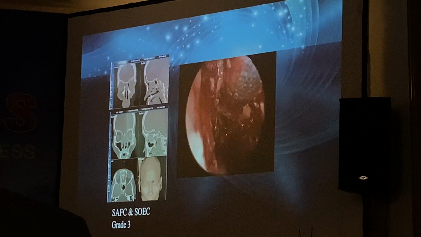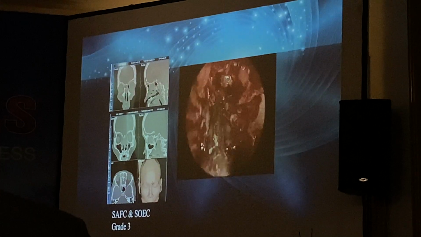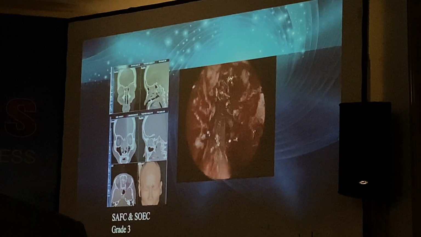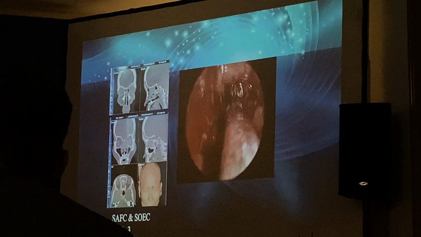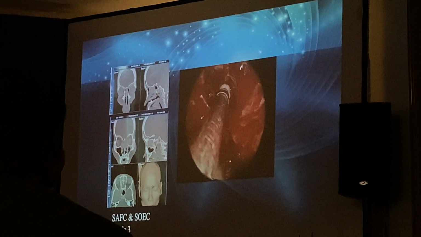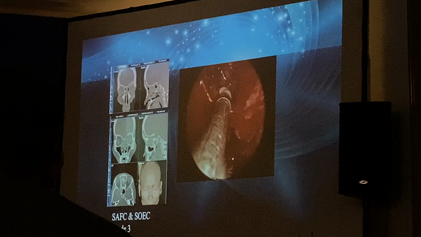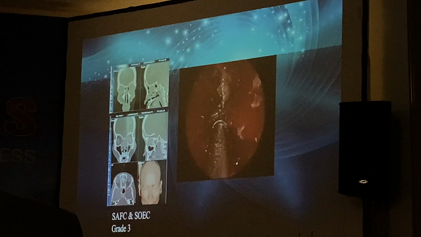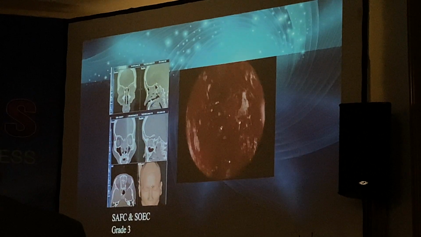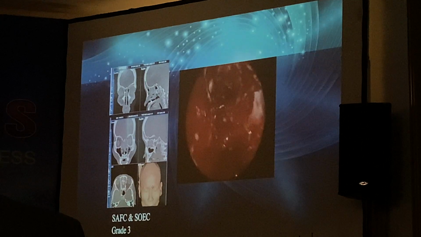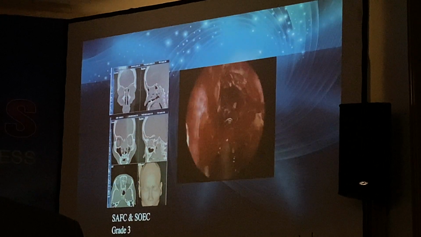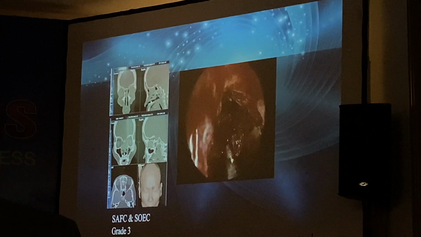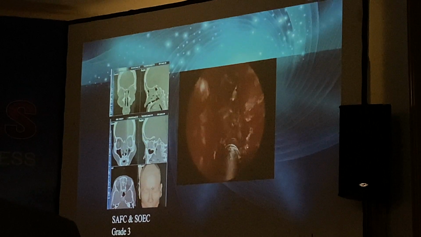This is the supraorbital frontal cell, and we know the frontal drainage pathway is medial to the cell, and we break the cell and remove it. After removal of the SAFC, we dissect the SOEC, and you can see here the SOEC.